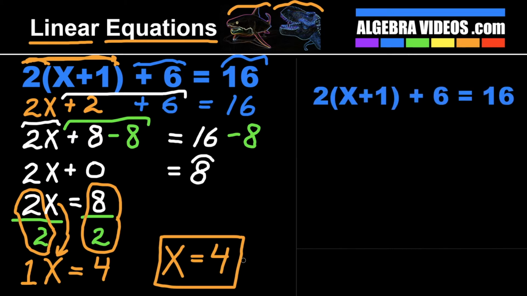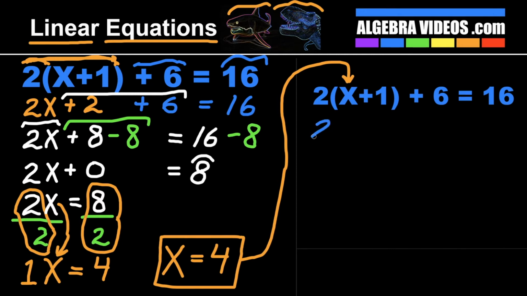There it is. And so we want to take this 4, and wherever there's an x in the original equation, we want to plug in the number 4 and see if the equation holds true. So in this case, there's only one x, which is nice. So I'm going to just rewrite this equation, and I'll be plugging in the number 4 for x.